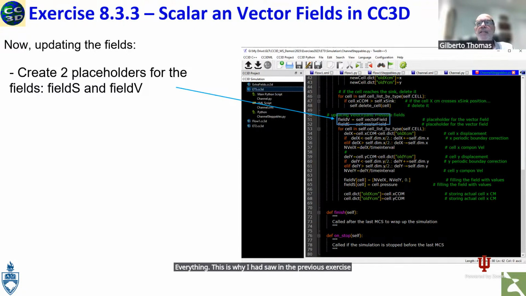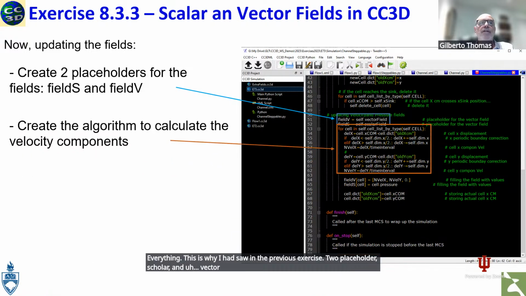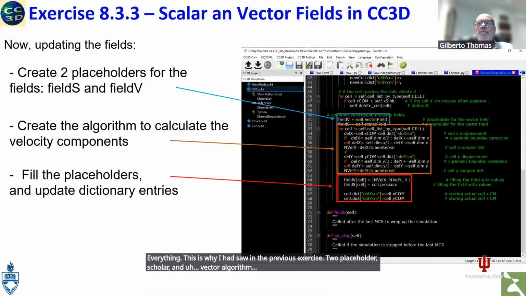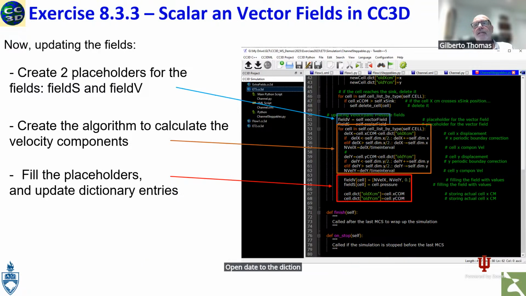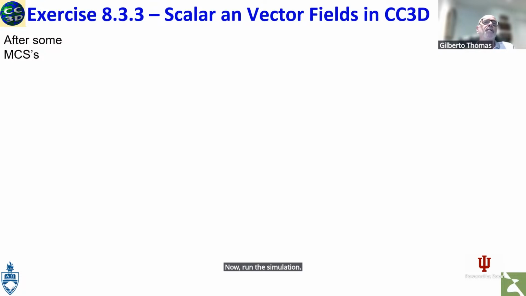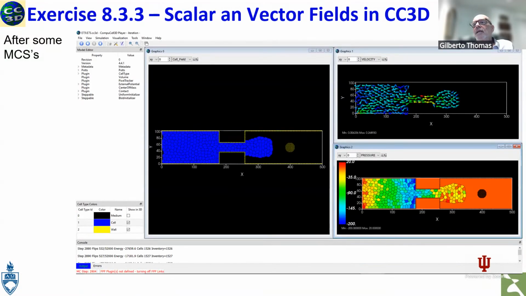Two placeholders, scalar and vector algorithm, placeholders for the fields, update to the dictionary entries. Now run the simulation. Please do it and let me know what you have. Do you have these, guys?